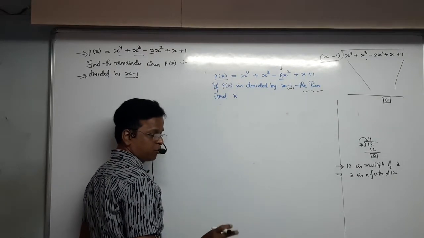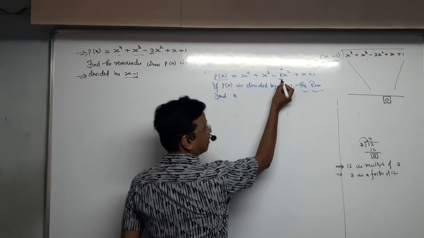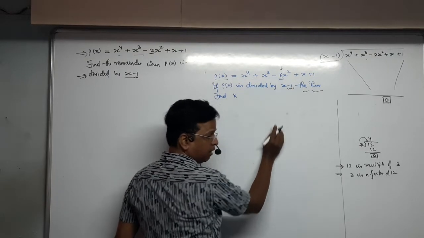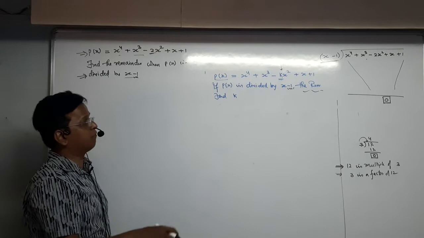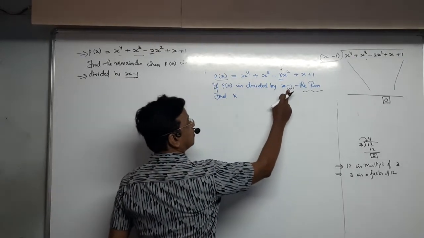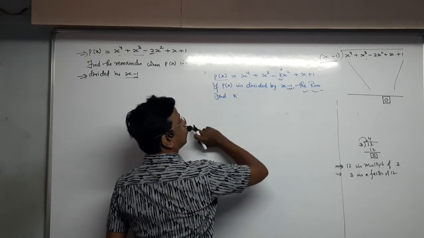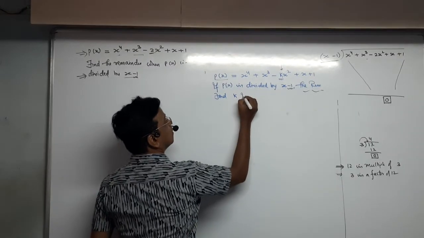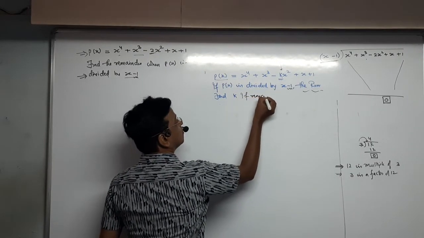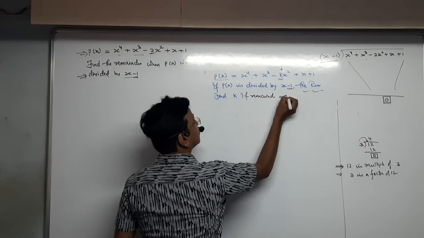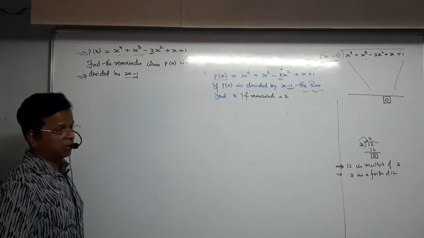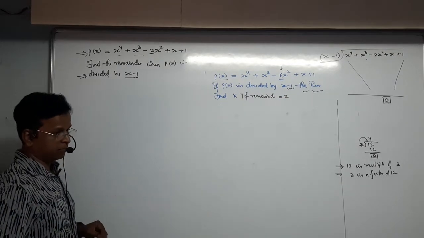But you will not be able to solve it completely because this k is there. Then you will tell, but p of 1 is equal to 2. Then you have to equate it to 2.